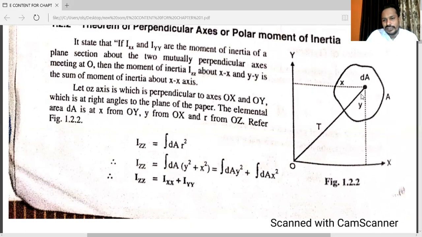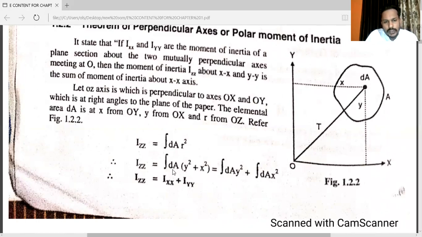If you want to calculate this distance, then definitely according to the Pythagoras, this distance square plus this distance square is equal to this distance square. Means in this diagram, the R square is nothing but this vertical distance square, that is Y square, and the horizontal distance, that is X square.